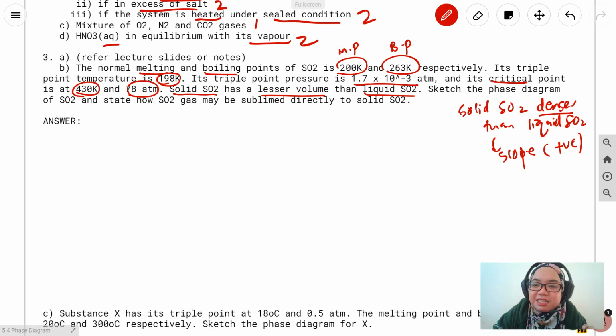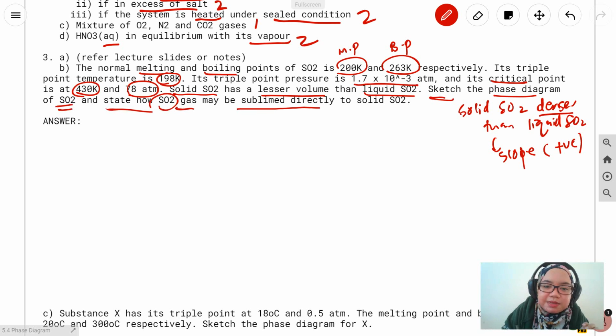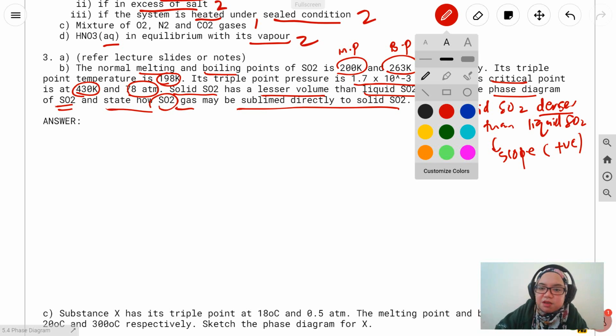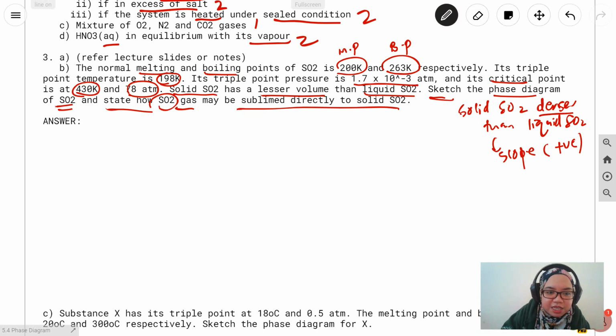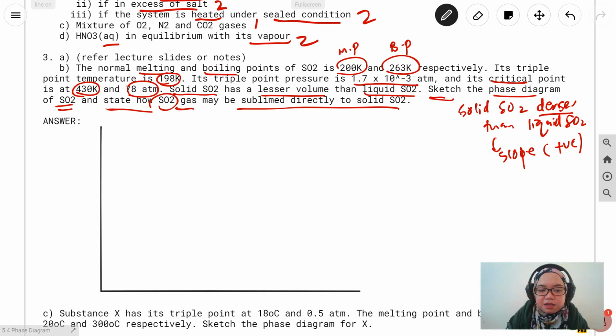Okay, next it says sketch. The question asks to sketch the phase diagram of SO2 and state how SO2 gas may be sublimed directly to solid SO2. Okay, there are several points. First we need to sketch the phase diagram. First we need a pressure axis and a temperature axis. So here we label this as the pressure.